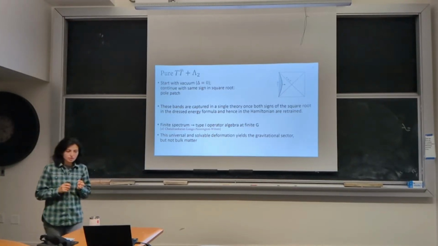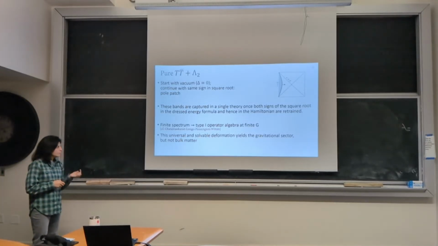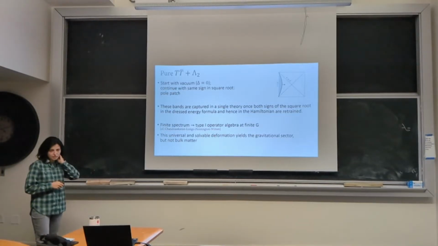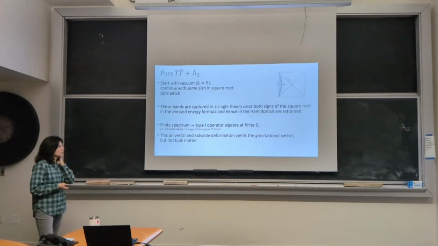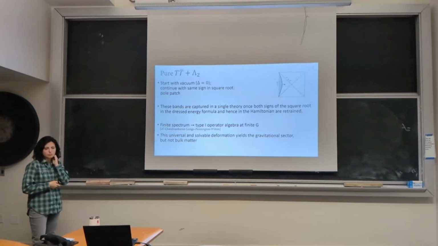You have all these states in your theory, and since we are discarding complex energies, there is a finite spectrum, so you can think of it as a type 1 operator algebra that exists at finite G Newton.